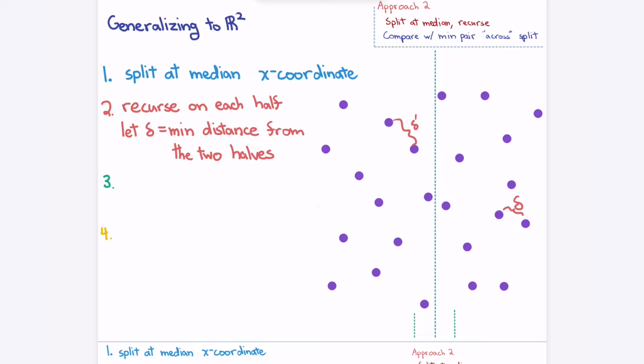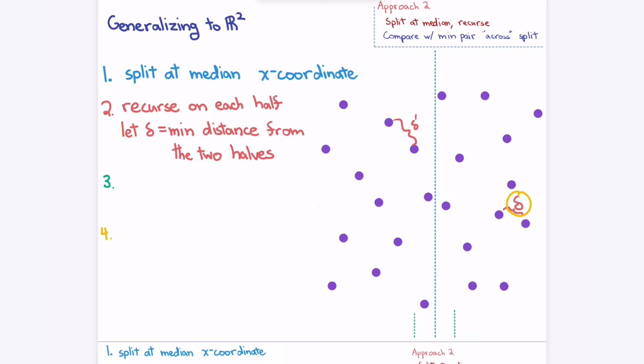Okay. Now, all you're missing is the cross pairs, right? I haven't compared any point from the left to points on the right. So now we just need to compare those. Now, one thing to point out is that all I'm worried about now is seeing if I can beat that minimum distance from either side, right?